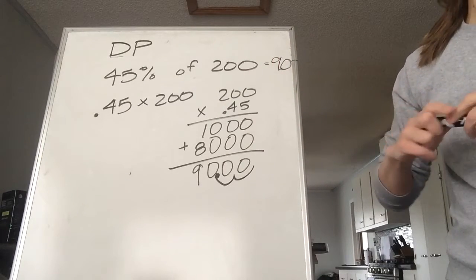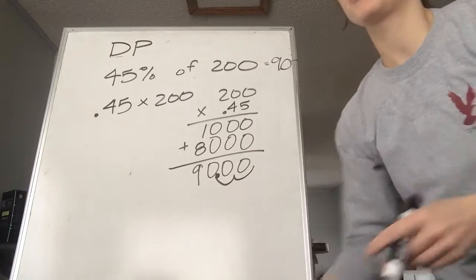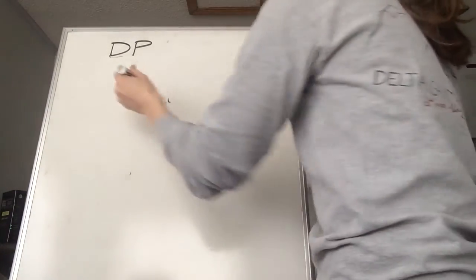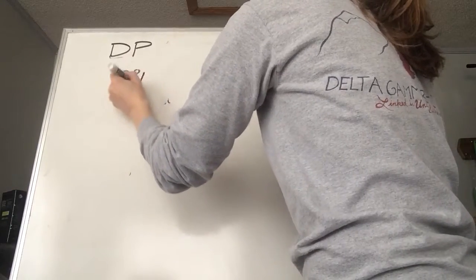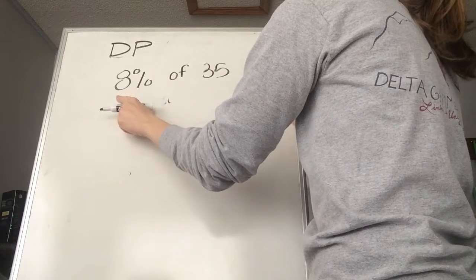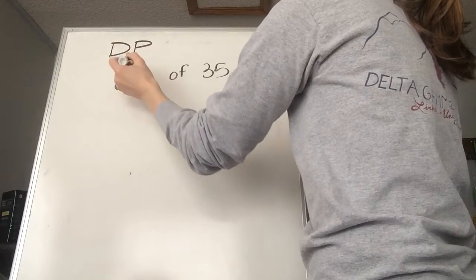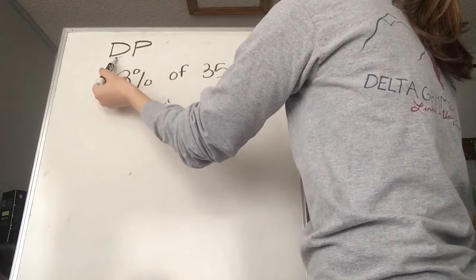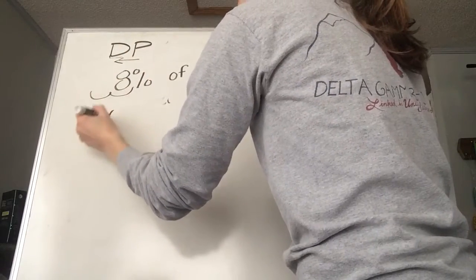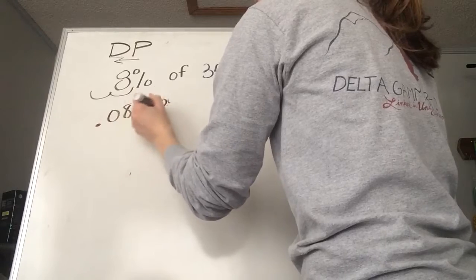And then the example 2, 8% of 35. So if you have 8% of 35. So making our percent into a decimal. So we start with our percent. We want to go to decimals. We're going to go 2 places to the left. So 1, 2 is 0.08 of 35.